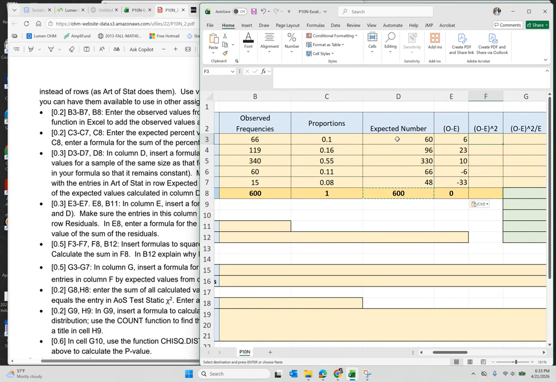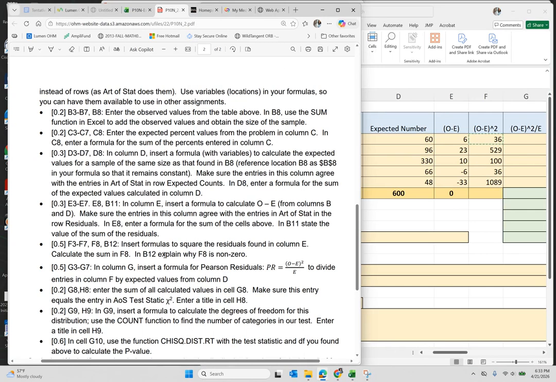So we want to now square this. So in column F, I'm going to take the calculation of column E and square it. And then in F8, calculate the sum. And in B12, explain why F8 is not 0 anymore.